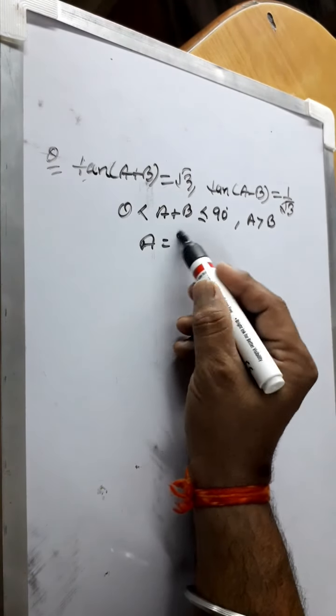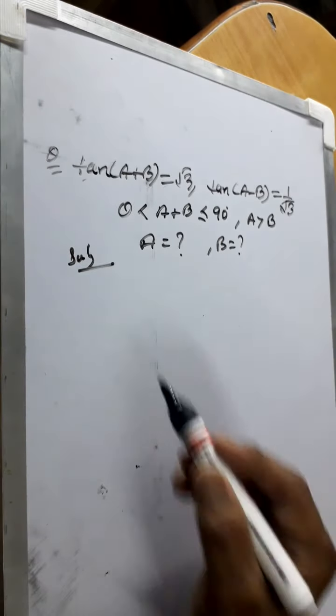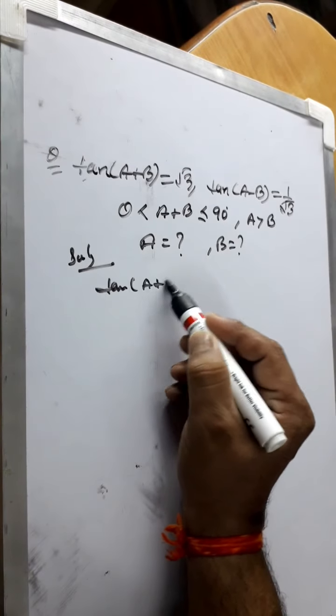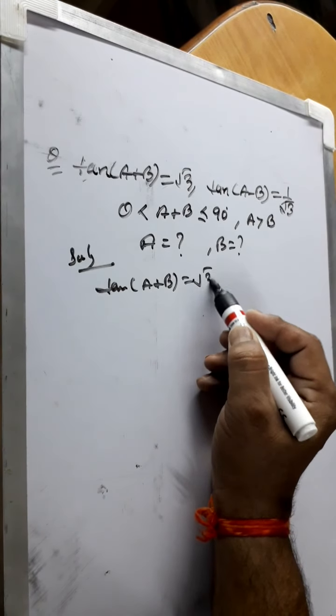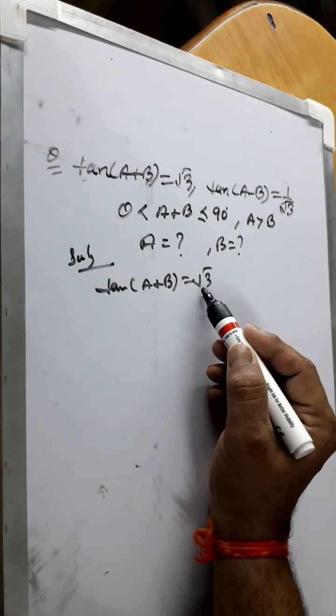We have to find the values of a and b. Here tan of a plus b is equal to root 3. It is given. And tan 60 is equal to root 3.